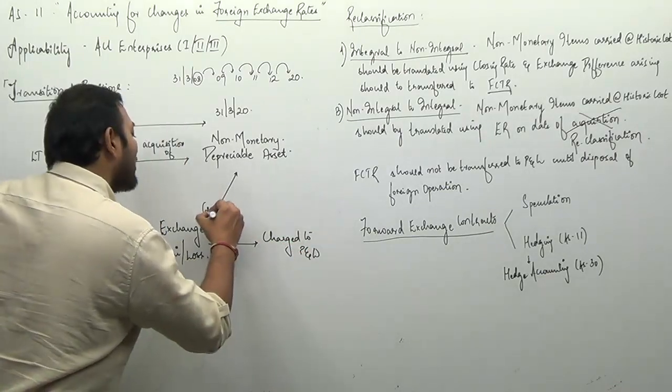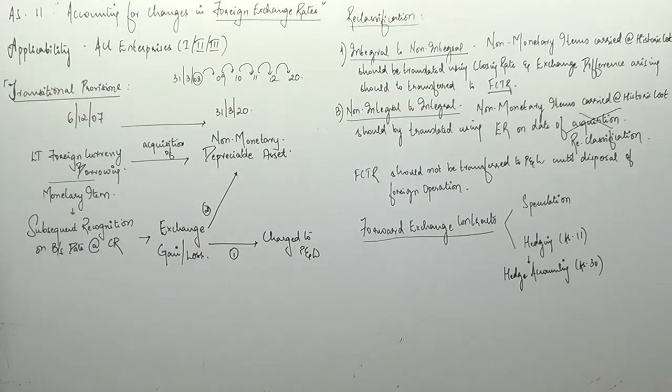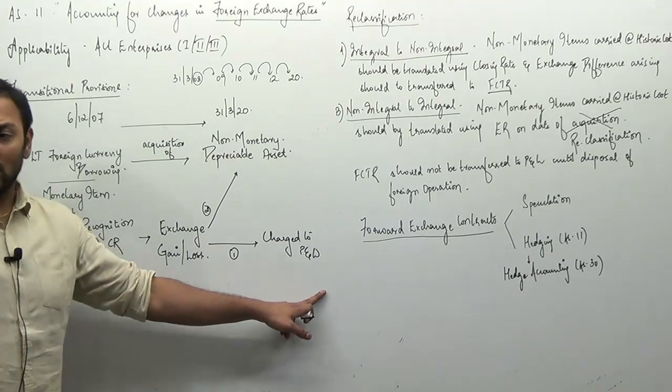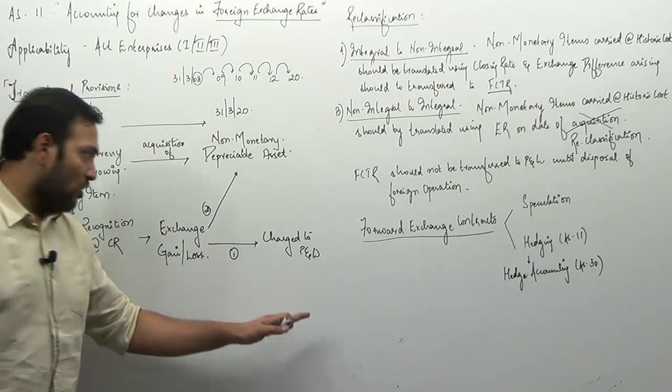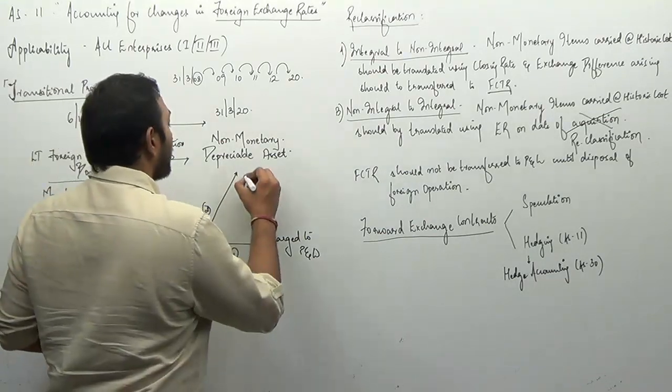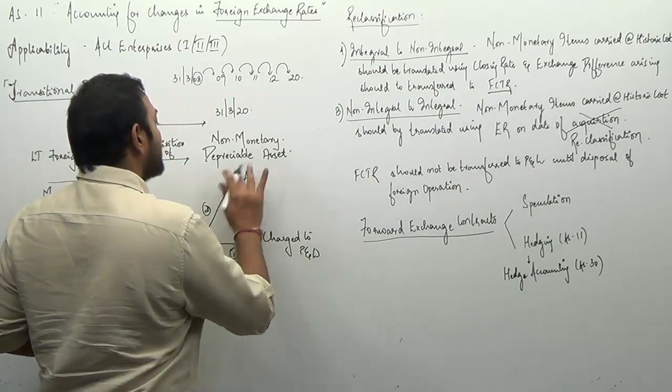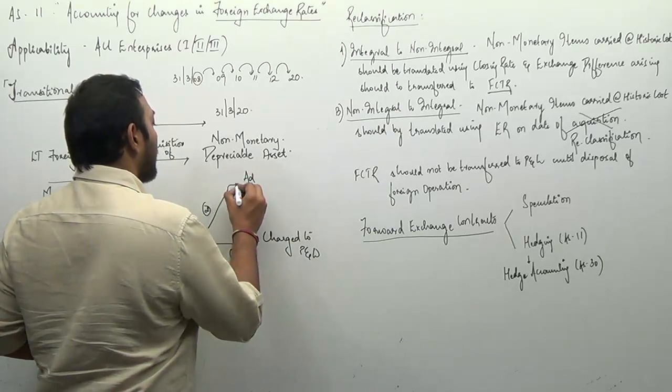Now comes in a second alternative. Now he is pulling in a second alternative. He is saying that either you do this, which is what is normally given as per the standard, or you adjust it from the cost of the asset.